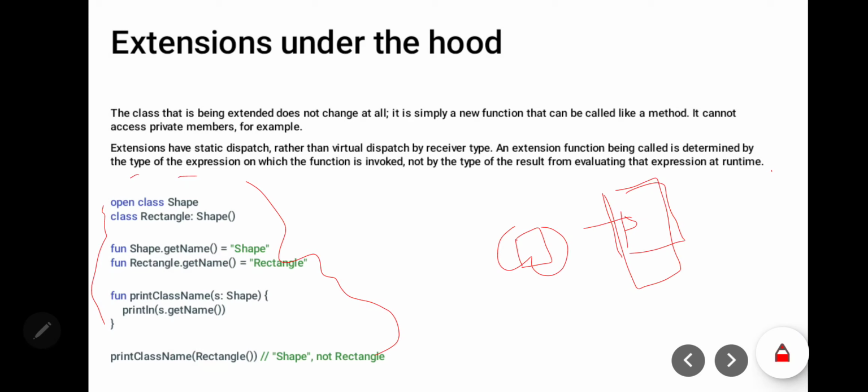If you see on this board, you can see the extension functions, fun and fun. And for this open class Shape, this is the main class, and this Rectangle is a class, but it is not the main class.